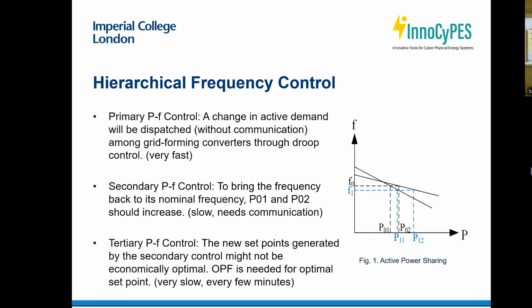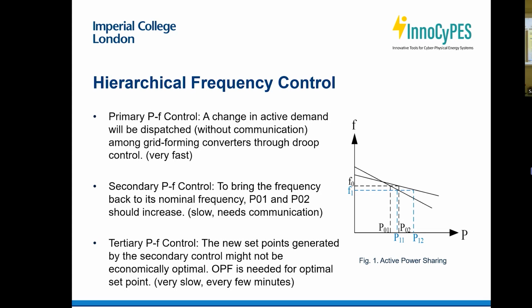As you know, the load of the power system always changes. Therefore, the frequency controller, which has 3 layers, is responsible for making the load dispatch and keeping the frequency of the grid in an acceptable range. The fastest layer of frequency control is the primary PF controller, which doesn't need any communication, and it acts based on local measurement and the droop control law.